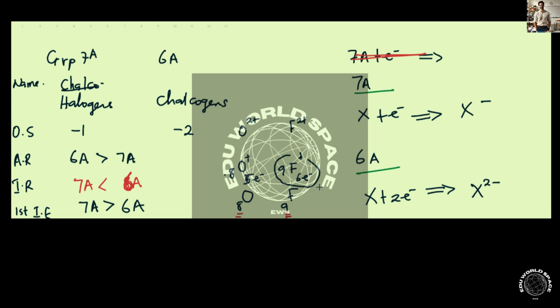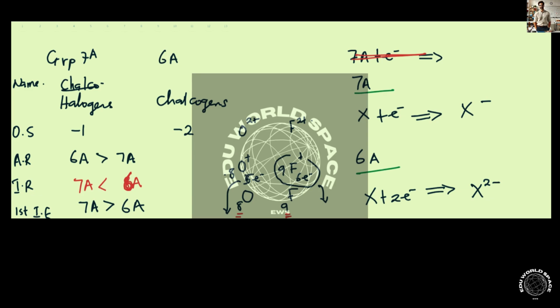Or, to have a better understanding, you can look at the electron configuration. In this case you have 2s2 2p3, and here you have 2s2 2p4.